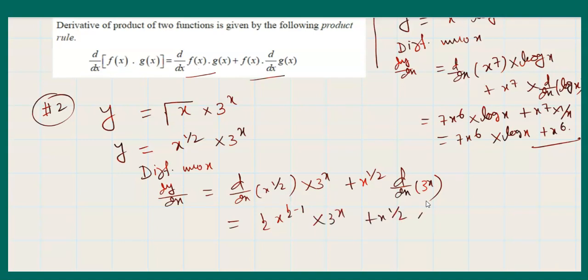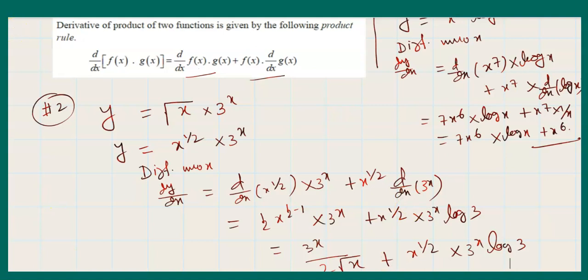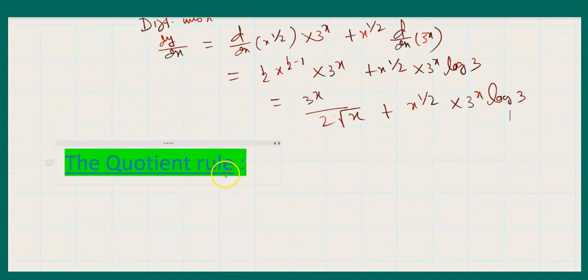The derivative of 3 to the power x is 3 to the power x log 3. So this is nothing but 3 to the power x by root x times half, plus x to the power half, 3 to the power x log 3. You can take 3 to the power x common. If you don't take common, no issue, you will be getting the marks. Alright? So this is the product rule. For product of two functions given, you can find dy by dx.